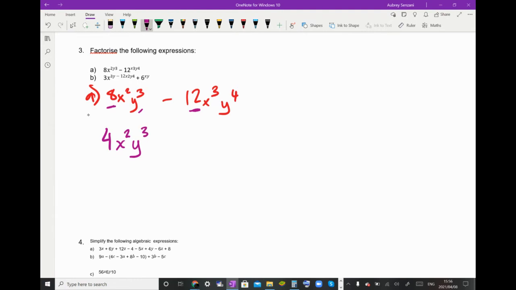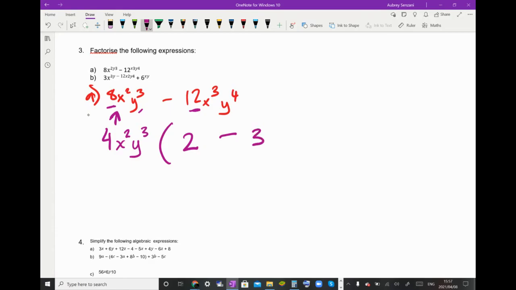So then if this goes into that, it would be times 2 this, to get into when it basically divides into that. So in brackets, we would then have 2, then minus over here. Let's see, how many times does 4 get into 12? It goes in 3 times.